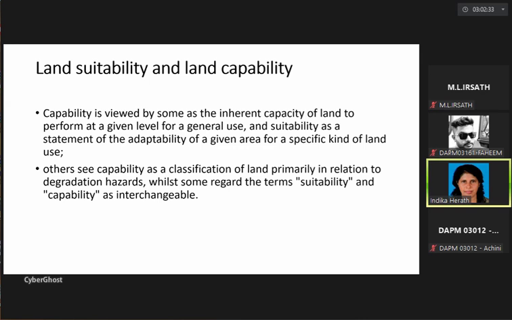Capability is viewed by some, especially by looking at the inherent properties. Inherent means that's there from their parents as well. That means in the past, that is gradually built up.